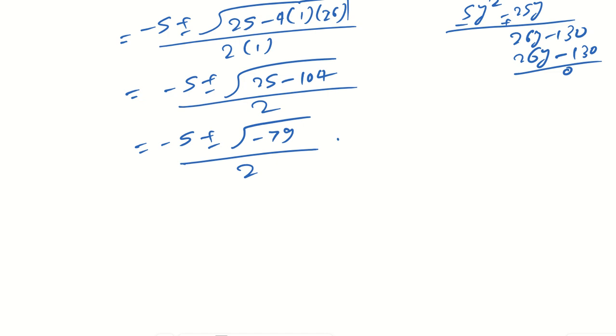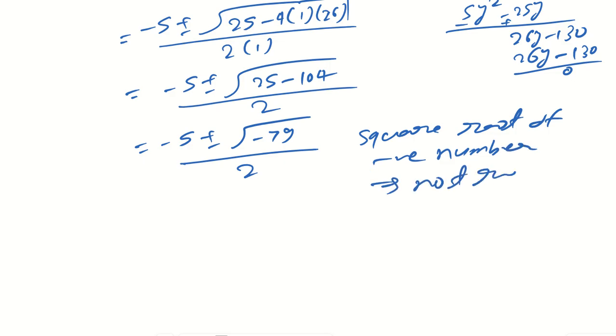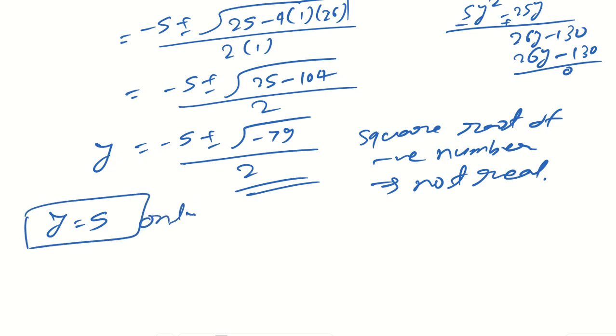Now this is a square root of a negative number. I can write it down. Square root of negative number. It means it is not real. So you are going to get no real values using any of these two values. So we are remaining with y equal to 5 is the only real value.